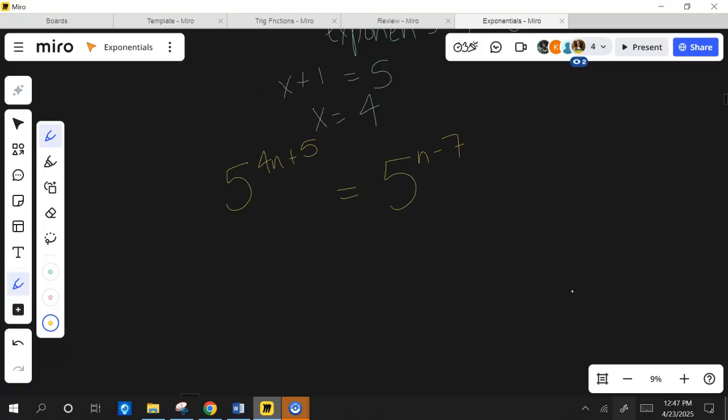Solve it for n. What does n have to equal to make that equation true? Solve it for n. What does n need to be?